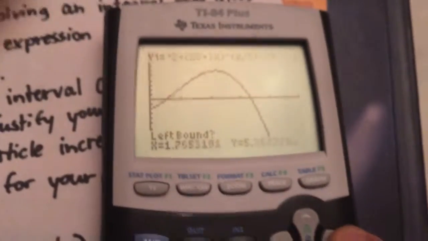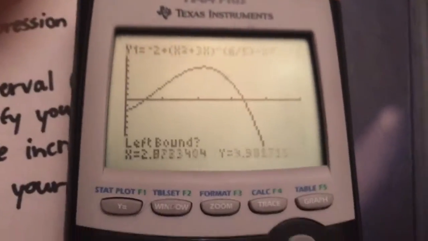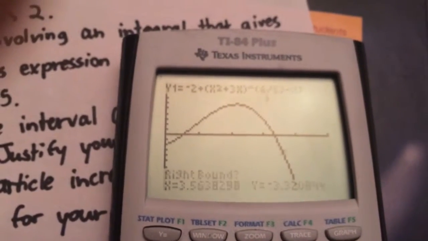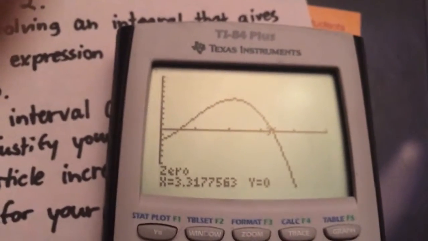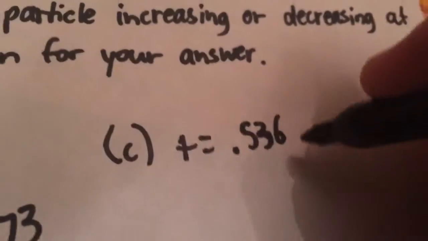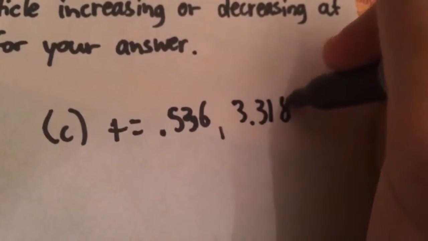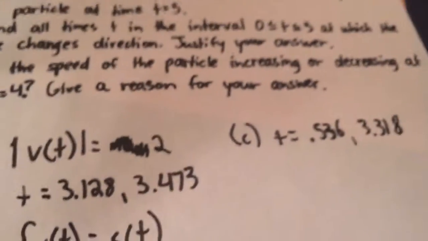Alrighty. All right, and we get 3.318. Let's round that up. All right, and those are our times for when the particle changes direction.